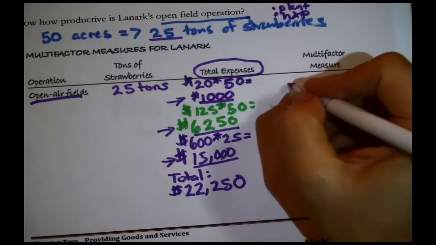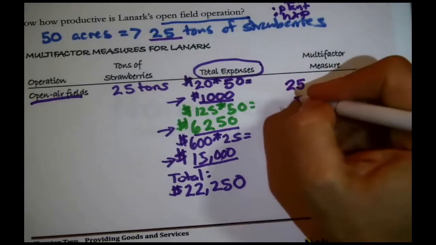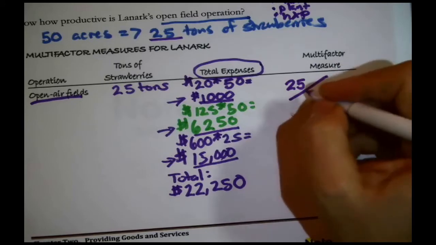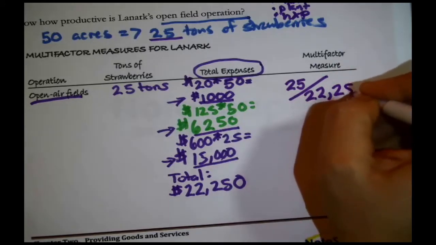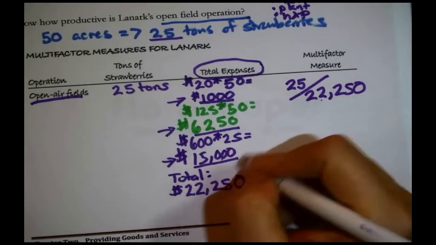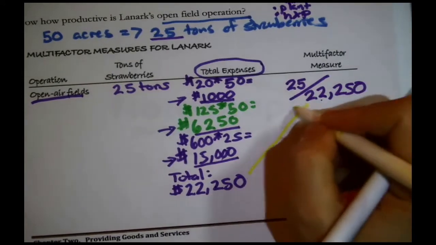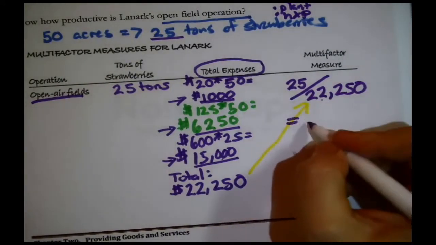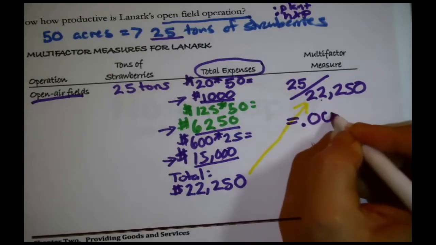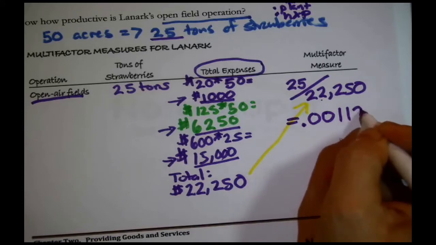That's the denominator, because the actual measure is 25, as in tons of strawberries, divided by 22,250. This number right here goes into the denominator. Oh, all right, so put that in your calculator, and you're probably seeing the same thing I did, 0.00112.